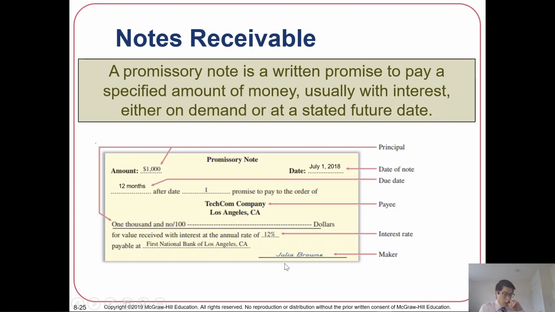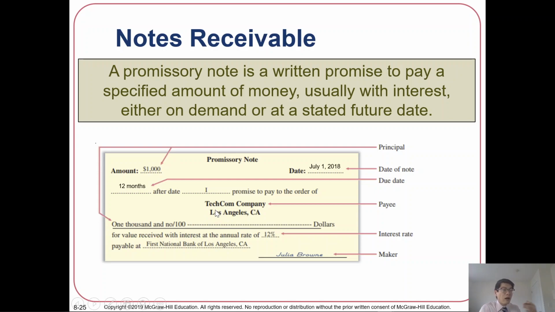And don't be confused by this. A payee is who is receiving the payment at the maturity date from the payor, which in this case is Julia. So another way of saying this is, for this note, Julia borrowed this $1,000 from TechComp company.